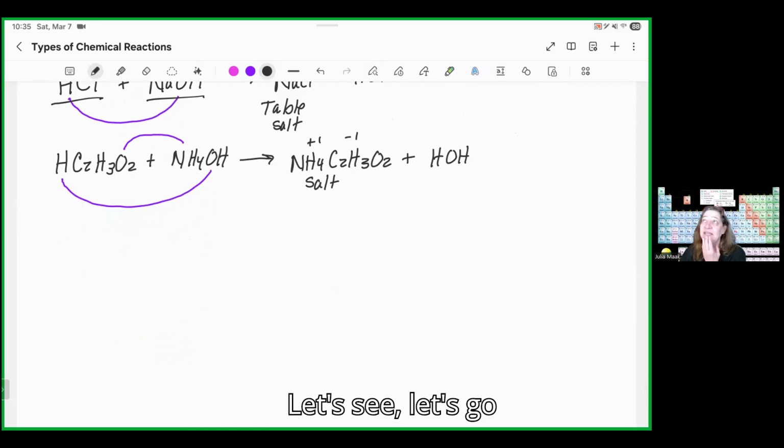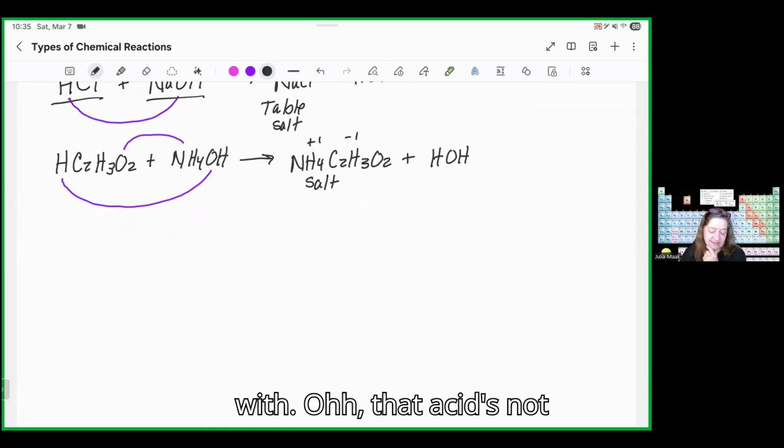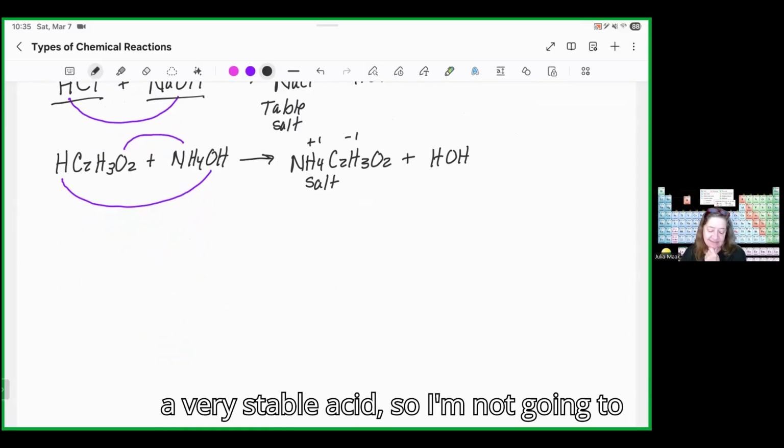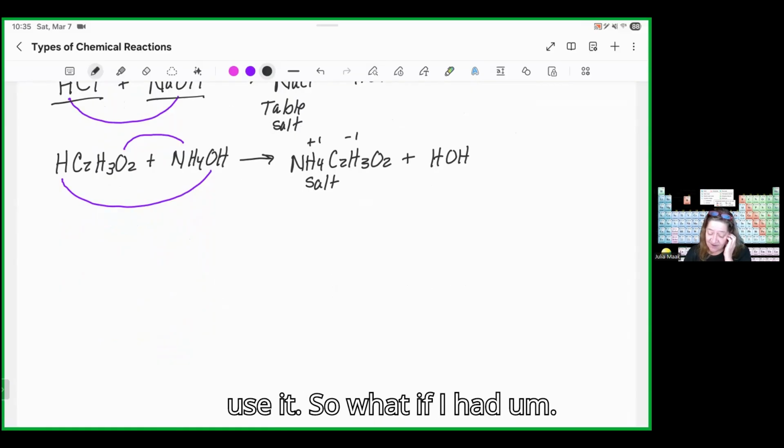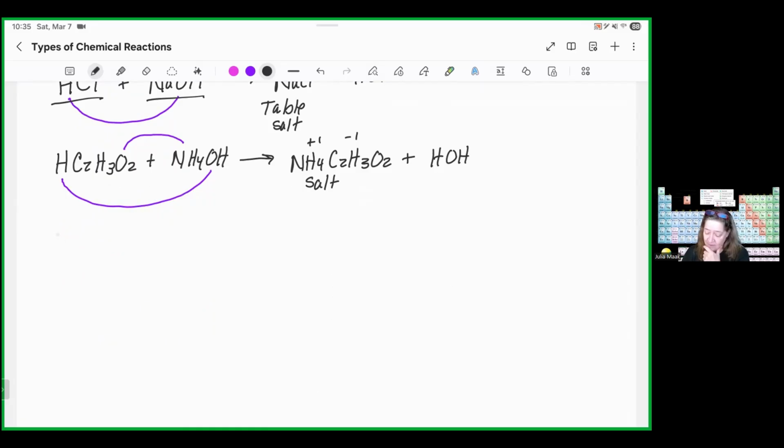Let's go with, well, that acid's not a very stable acid, so I'm not going to use it. So what if I had phosphoric acid with magnesium hydroxide?